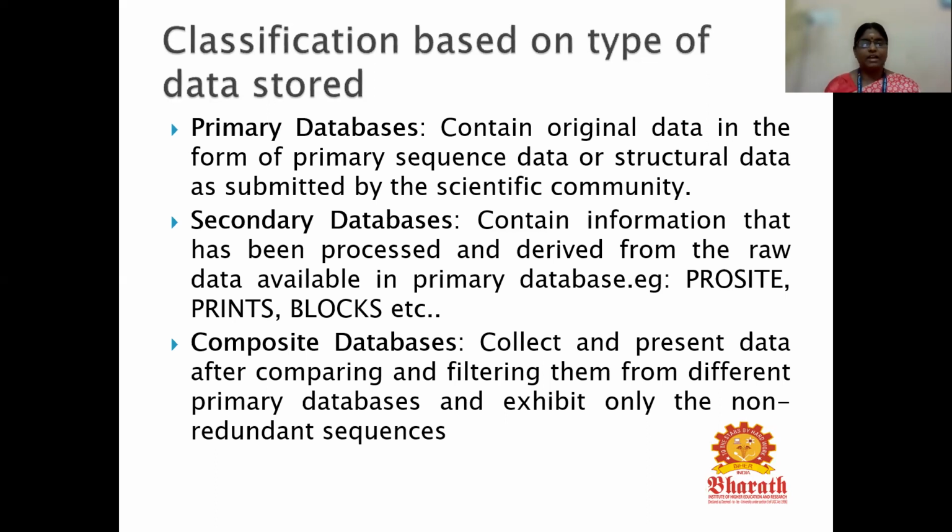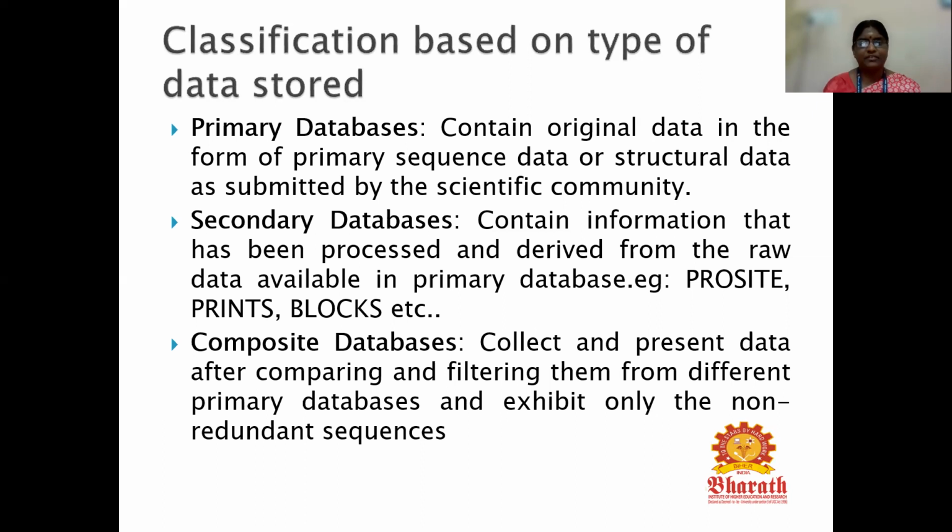But in secondary databases, the data which we store is permanent, and after getting the accession number, we can get the patent also before depositing into the secondary databases. It contains information that has been processed and derived from the raw data available in primary databases. Examples for secondary databases include ProCite, Prince, Blocks, etc.